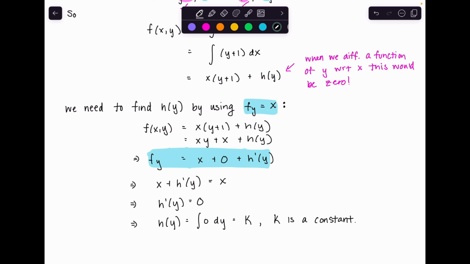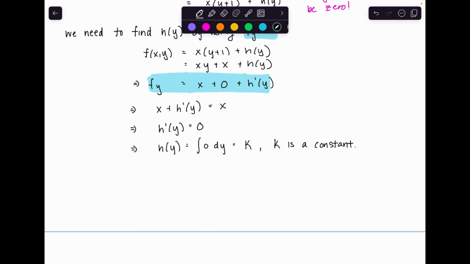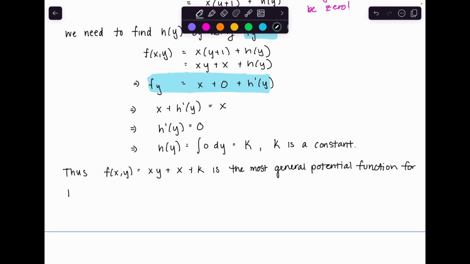So our potential function is xy plus x plus k. This is the most general potential function for the vector field y plus 1, x.